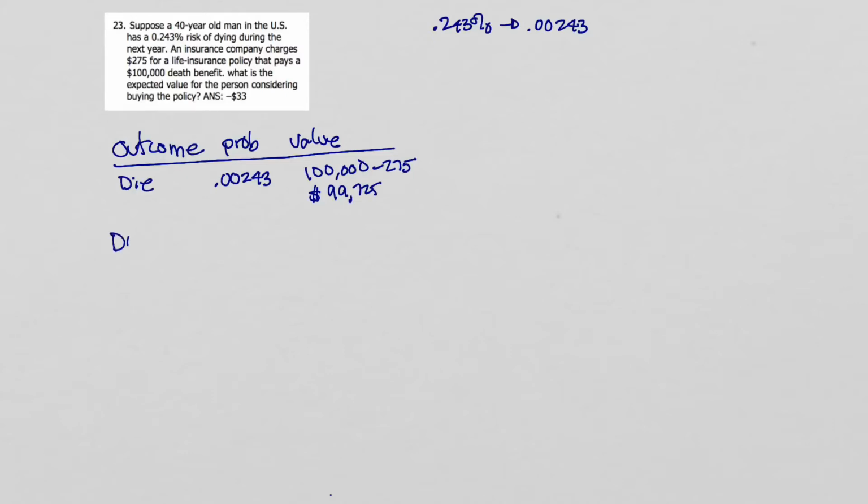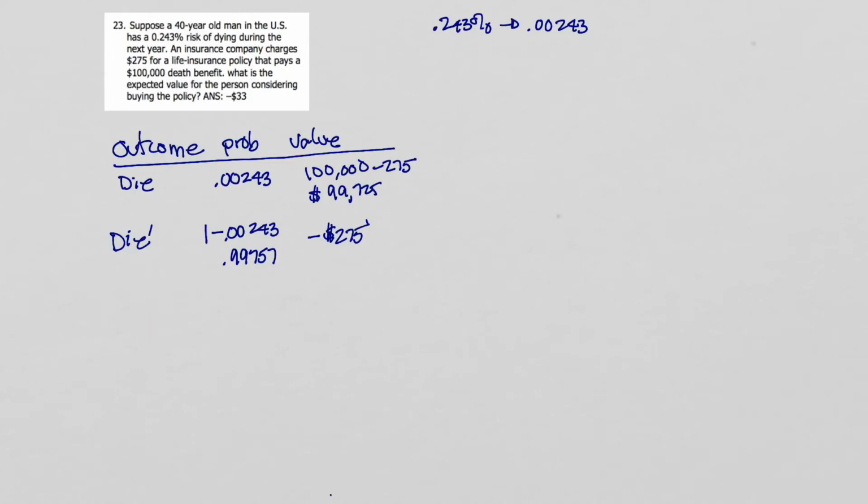Now if this fellow does not die in the next year, and he'll not die with the probability of 1 minus 0.00243, which is 0.99757, that family will just, well, he'll just lose his $275. Right? If he doesn't die with this probability, they just lose the $275 that they spent on that policy.